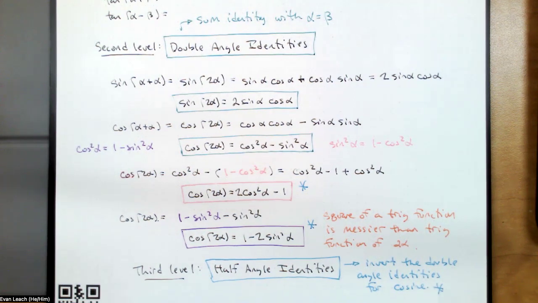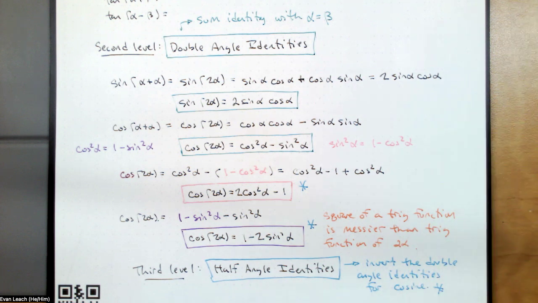You're just going to grab those two double angle identities for cosine and invert them, solving for the cosine of alpha, because alpha is half of 2 alpha. Half angle identities.